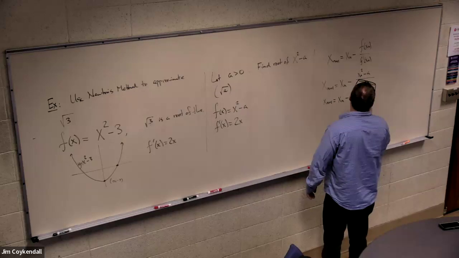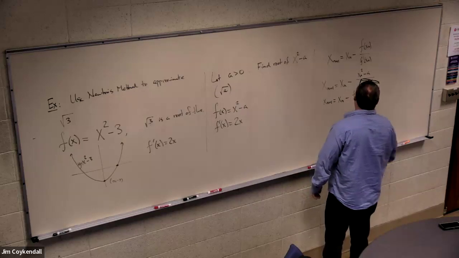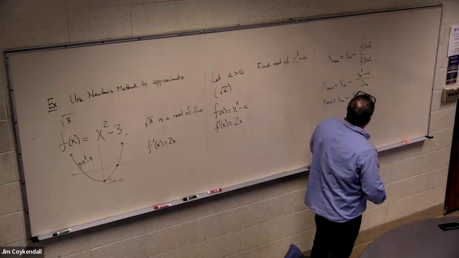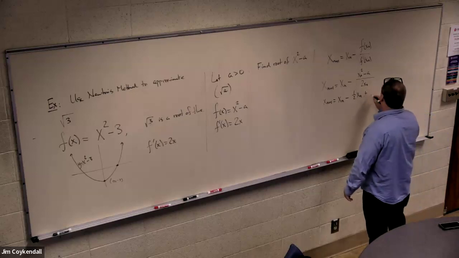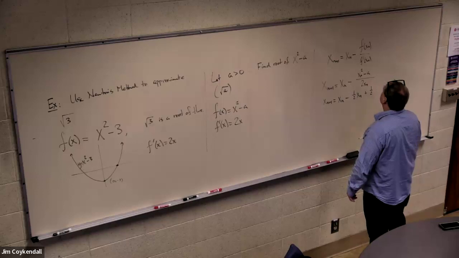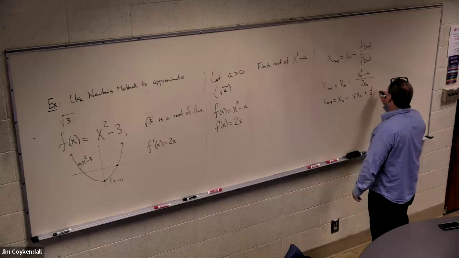This is going to be xn minus 1/2 xn as the first term, and then plus 1/2 a over xn.